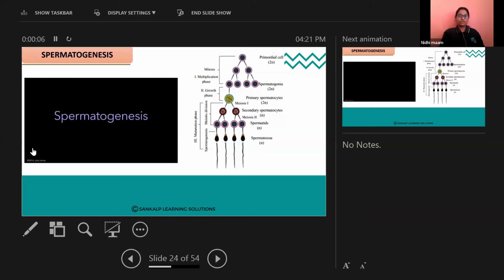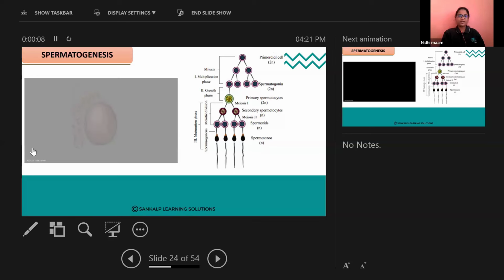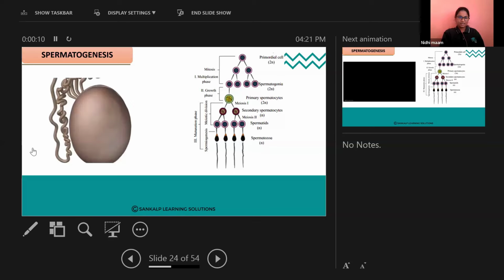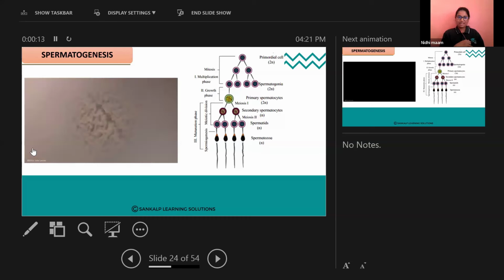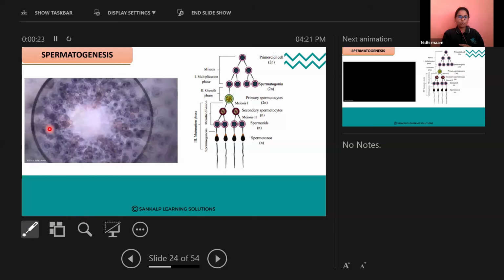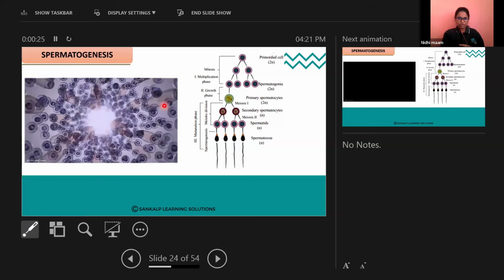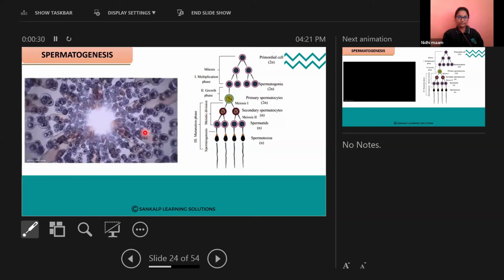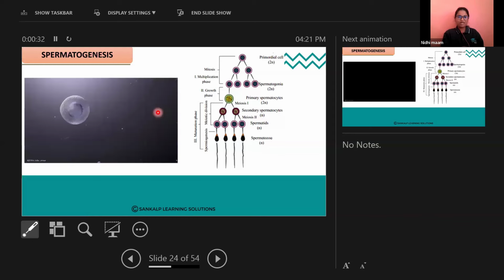So spermatogenesis, the formation of a sperm. Here you are seeing the testis and the seminiferous tubule, a coil-like structure. So what is there inside the seminiferous tubule? The purple colored cells that you see are spermatogonium cells, and the brown cells, which are a little bigger, are the Sertoli cells. These primordial cells will undergo mitotic division and become a little bigger.